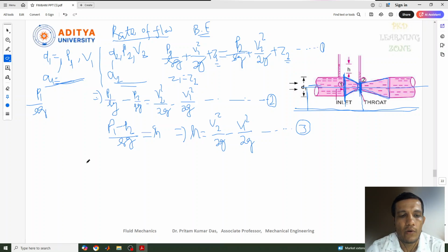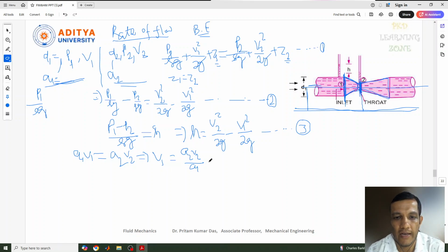Now let us apply the continuity equation at section 1 and section 2. As I told you, A1 V1 equals A2 V2. Here we can write either V1 equal to A2 V2 by A1, or V2 equal to A1 V1 by A2.